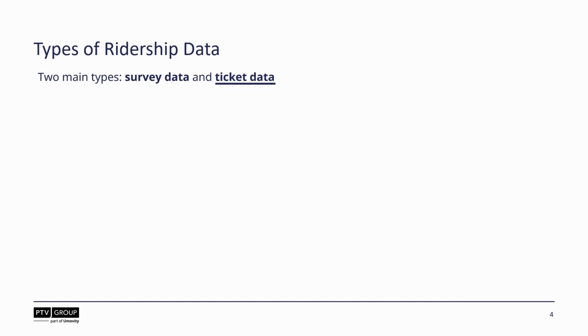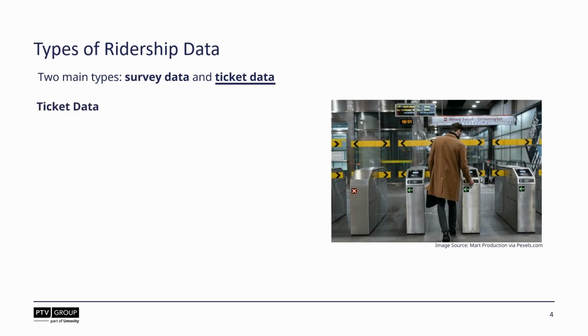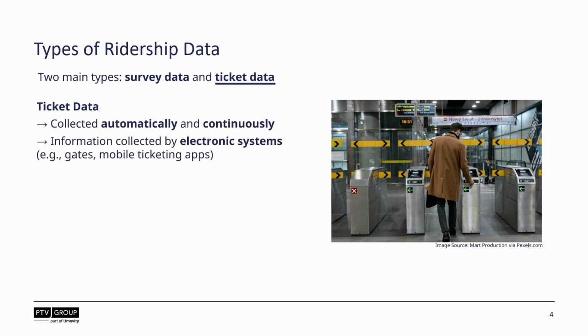This data is collected automatically through electronic systems, such as smart cards or mobile ticketing apps. For example, in a subway system, passengers use contactless cards to enter and exit stations. When passengers use these systems, the data is recorded electronically, providing check-in and check-out information, meaning where the passenger boards and exits, along with the timestamp.